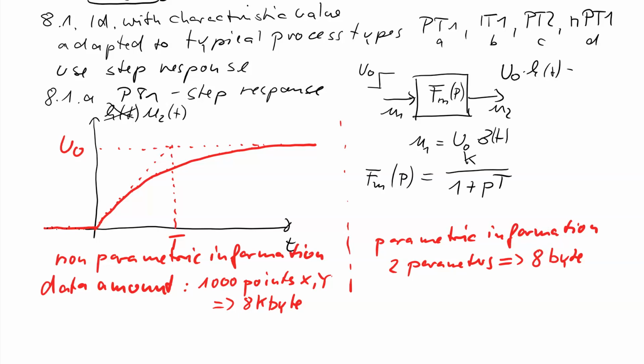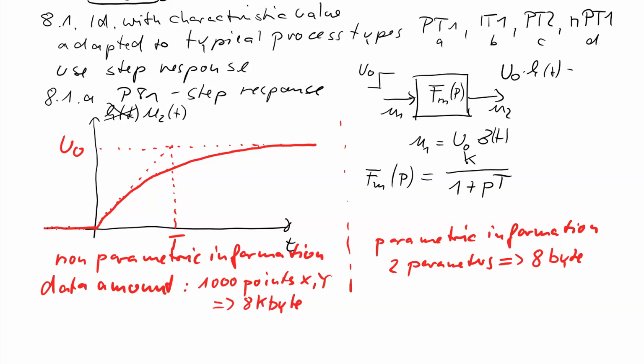So that's the idea of identification: to take non-parametric information created by measurement and make an information increase, a data reduction, to get a frequency model, a transfer function, which is much more useful for controller design or any other use than non-parametric information.